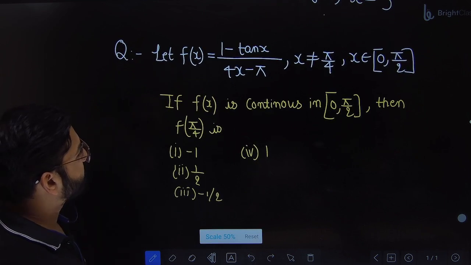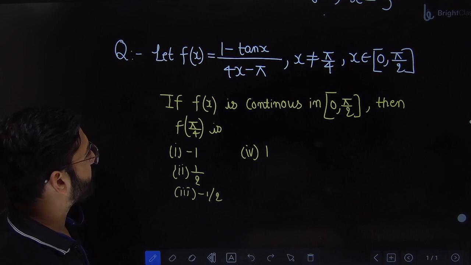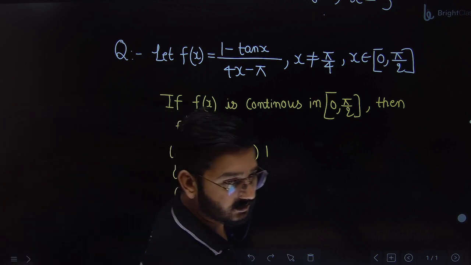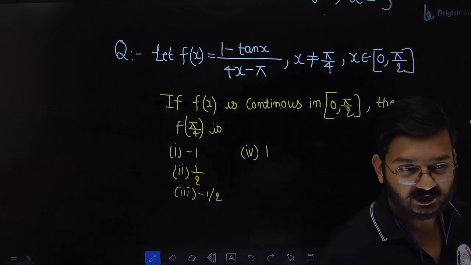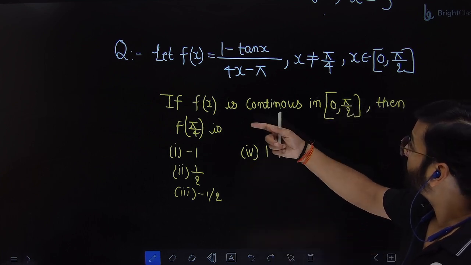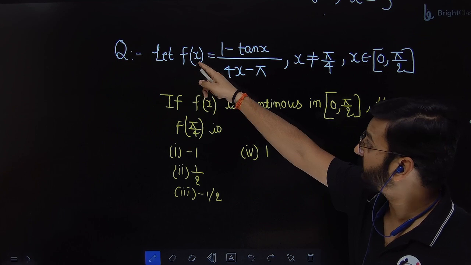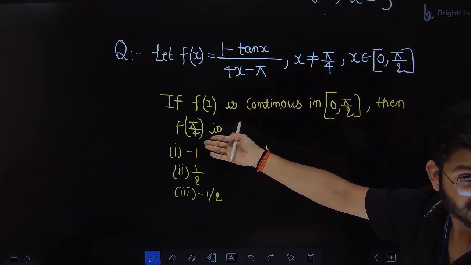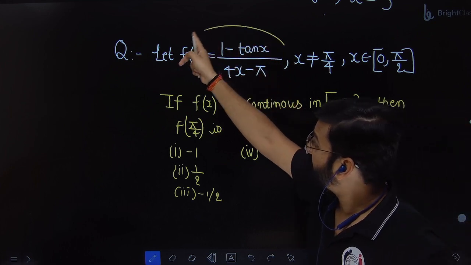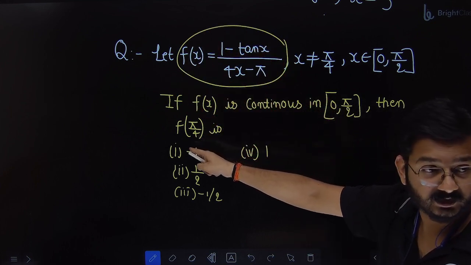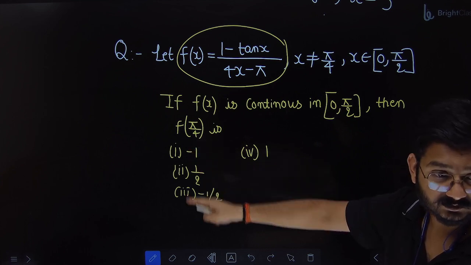So this is the function which is continuous in 0 to pi by 2. So continuous means what? Left hand limit and right hand limit will be the same as the value of the function. So value of the function means what? The value of f at which point? Pi by 4, and that's what is asked. So it means find the limit of this function, and the limit will be equal to f of pi by 4.